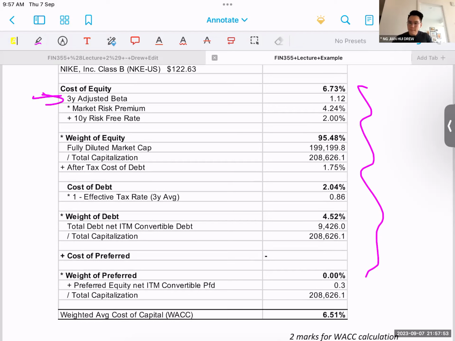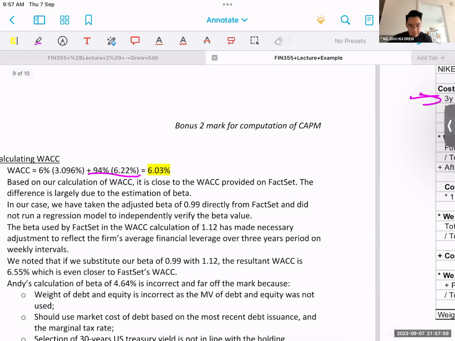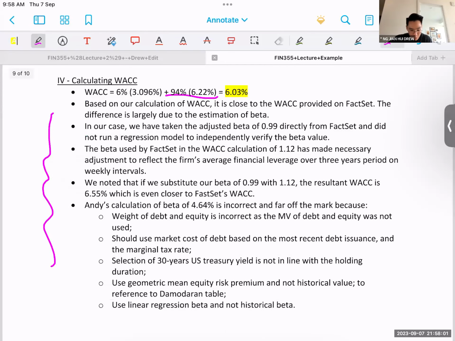Given that the question may tell you your horizon is 10 years, maybe the 3 years beta is not correct. So in this part here, we noted that if we substitute our beta, which is calculated this way, with this, the resultant WACC is even closer to the FactSet one. So there's some justification that comes into play here, like why we use this, why we do not use this, etc. So maybe that's all for the lecture today.